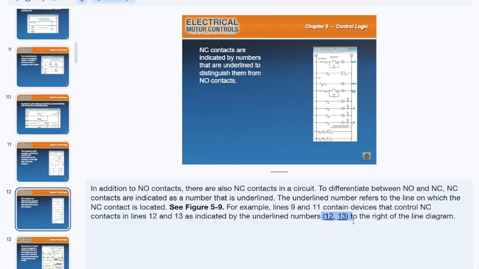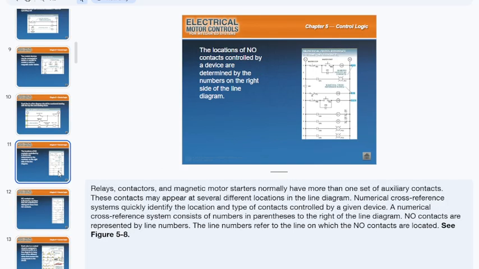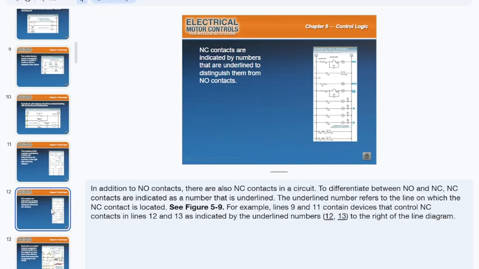So if you look at rung 12, 13, whatever the number is, if it has a little line under it, it's telling you, hey, there's a normally closed contact on that diagram. No line, it's a normally open contact. Line, it's a normally closed contact. All right, so underline numbers is what they're referencing here.